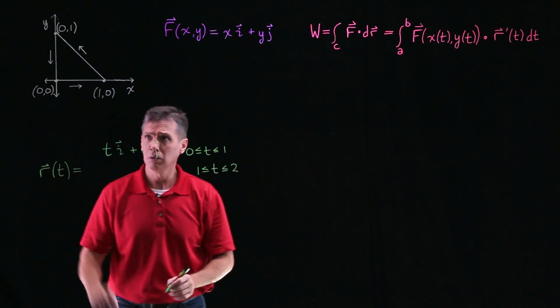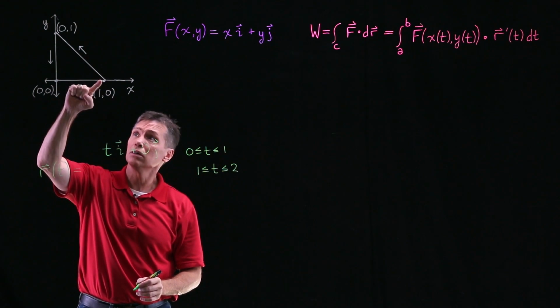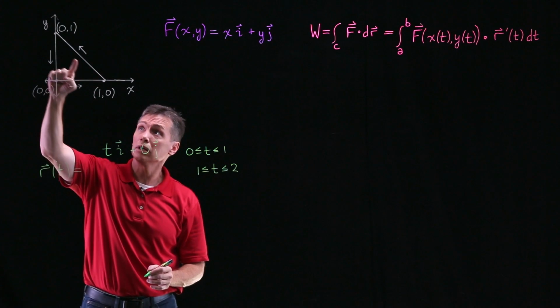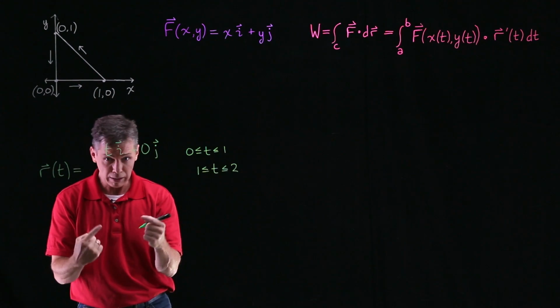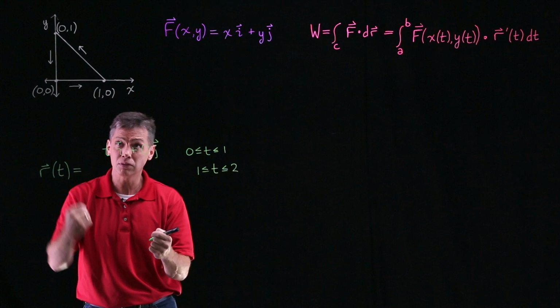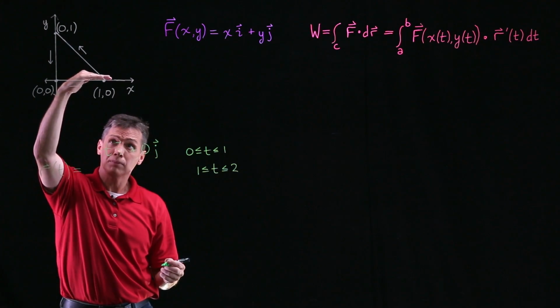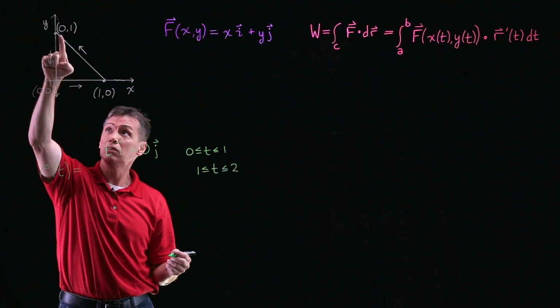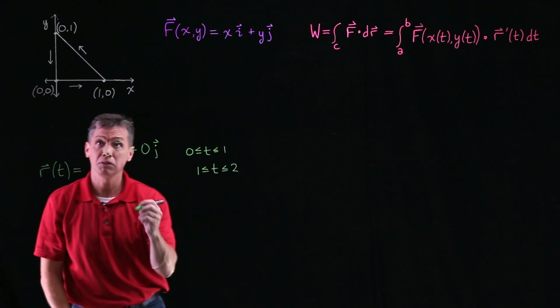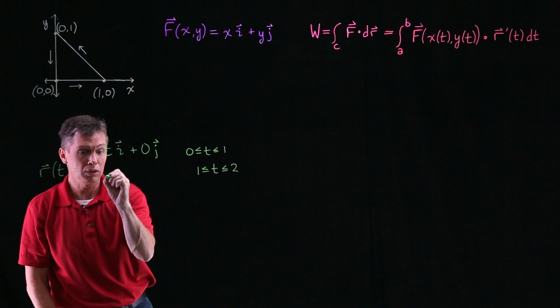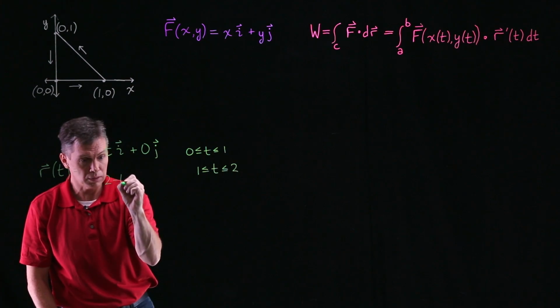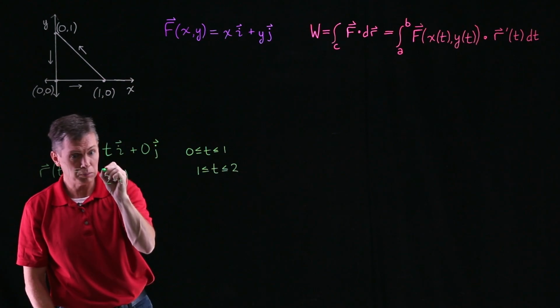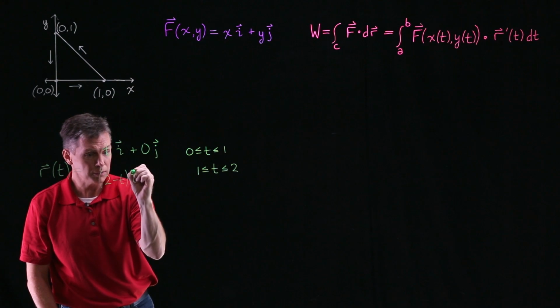Do everything in pencil. Now I'm looking at this hypotenuse of the triangle, and I have to express that in terms of my i's and j's, thinking how the x-coordinate needs to start at 1, but then end at 0. So that would suggest to me maybe 2 minus t times the i vector.